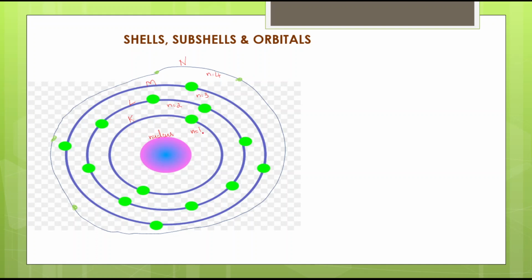Clear? So as the number is less, it is very near. The shell number also indicates the distance from the nucleus. If n equals 3, it indicates that it is a little farther than n equals 2, that is the second level. So the third level is farther from the second level. Likewise, energy also: if n equals 1, then the energy is less for this one.